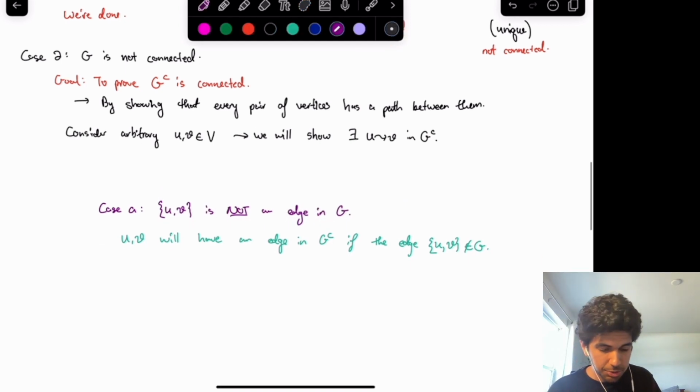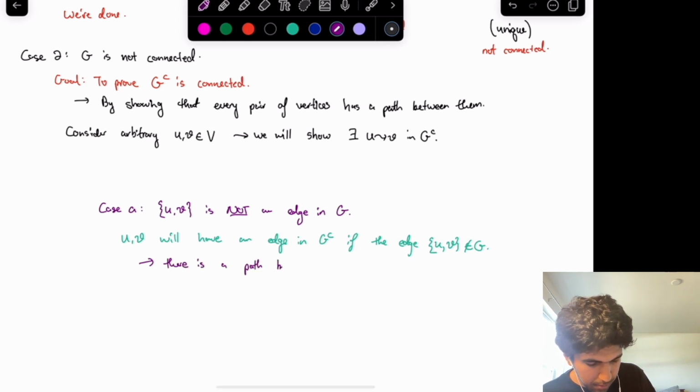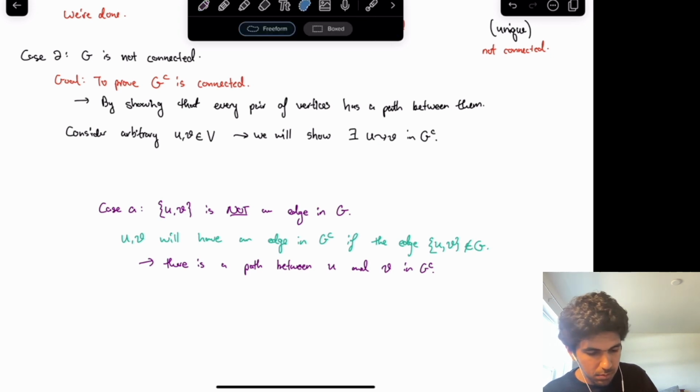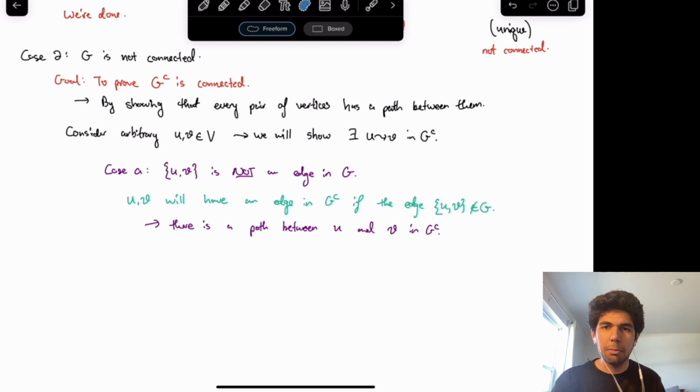So there's an edge uv in G complement, which means that there is a path between u and v in G complement. Good. So again, before we proceed, just to recap, we're considering a pair of vertices. We want to show that there's always a path between them in G complement. And so we can just case: either they have an edge in G or they don't. In this case, we handled the case where they don't have an edge in G.